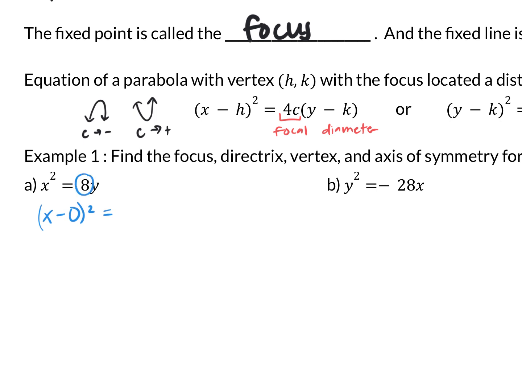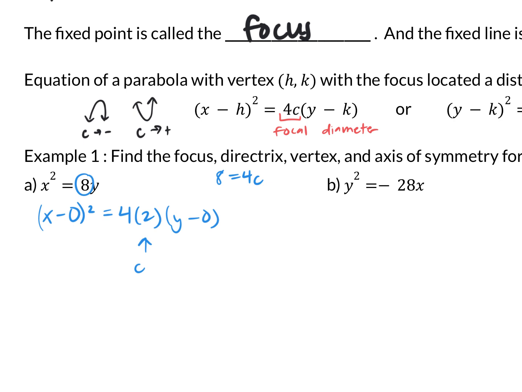So this value 8 is equal to 4 times c. So what is c going to equal? 2. So I'm going to write this as 4 times 2 times my y minus 0, because that tells me that that is my c value, and my c value tells me where my focus is and where my directrix is going to go. Okay?